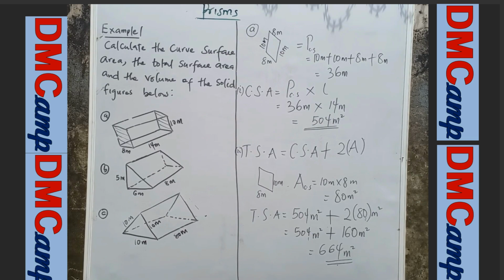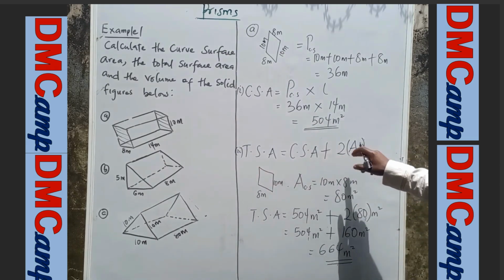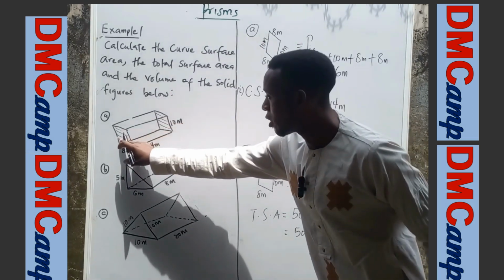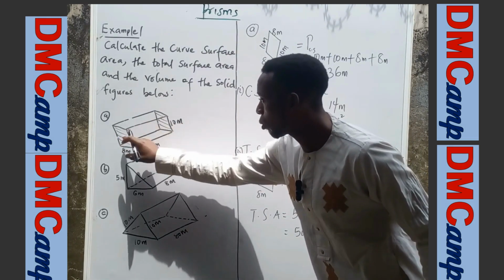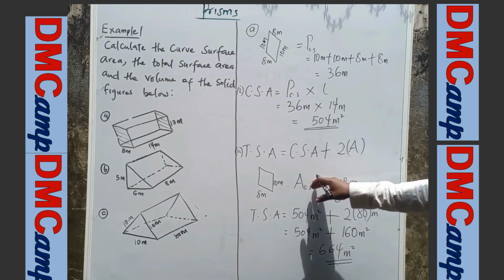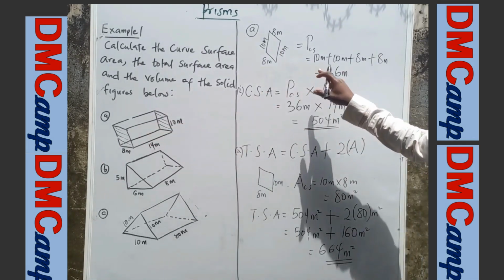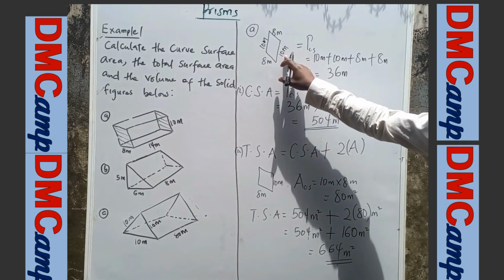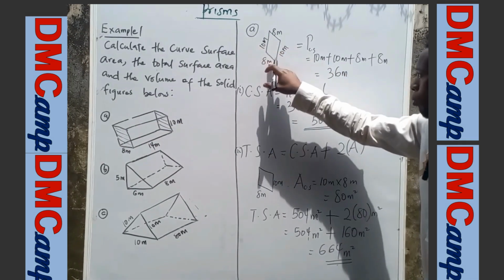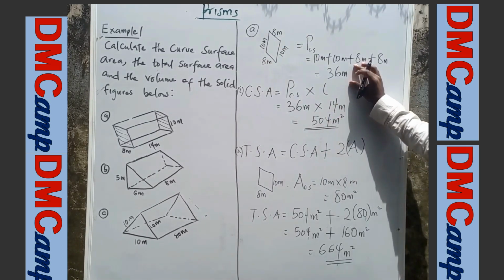The total surface area is simply the curved surface area plus this and this, the area of the two cross sections. You can see it here. The perimeter of the cross section is 10 meter plus 10 meter plus 8 meter plus 8 meter, and that will give you 36 meter.